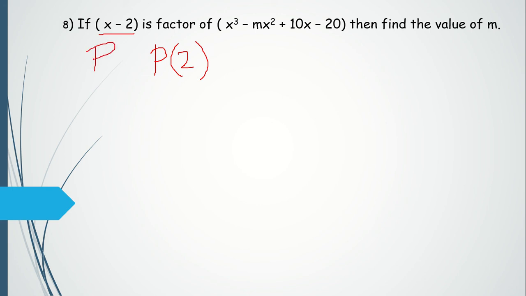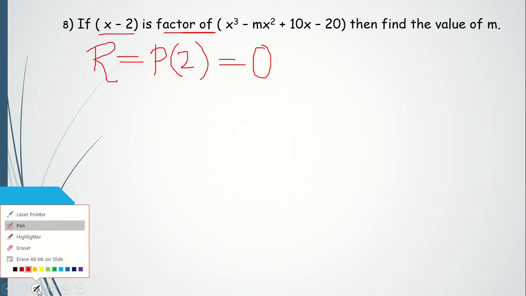By the remainder theorem, the remainder will be p of 2, and this remainder is going to be 0, because it is given that it is a factor. So we will first find p of 2, equate it to 0, and then we will get the value of m. That's it.